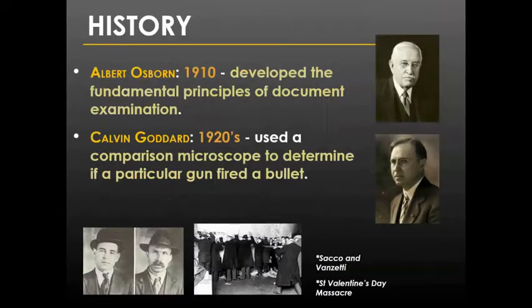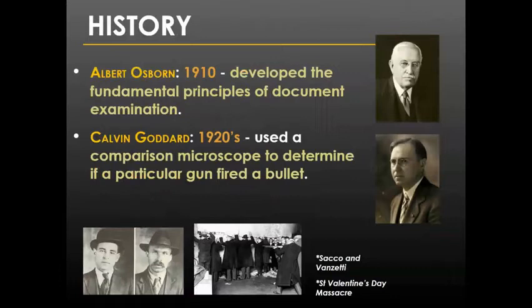Albert Osborne was the first person to develop the basic fundamental principles of document examination. He started out as a teacher of penmanship, which is kind of like handwriting. Based on his interest in that, his work flowed into handwriting identification.